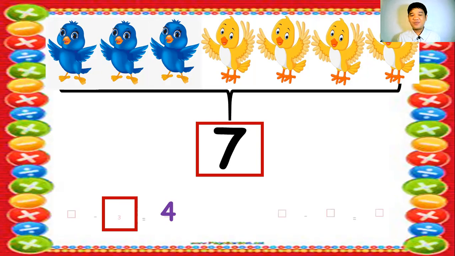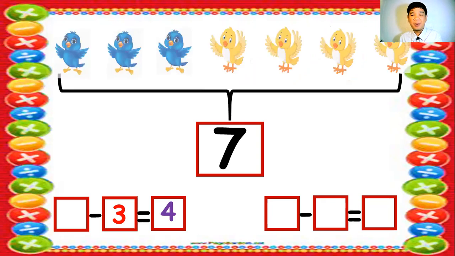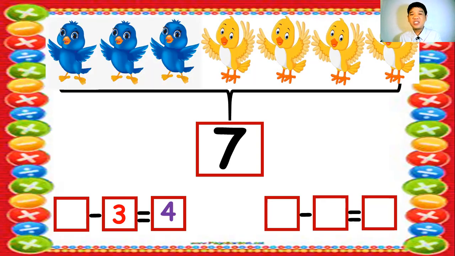All right, so let us answer this question. How many yellow birds do we have? At first, we have to write the total number of the birds, which stands for our minuend.